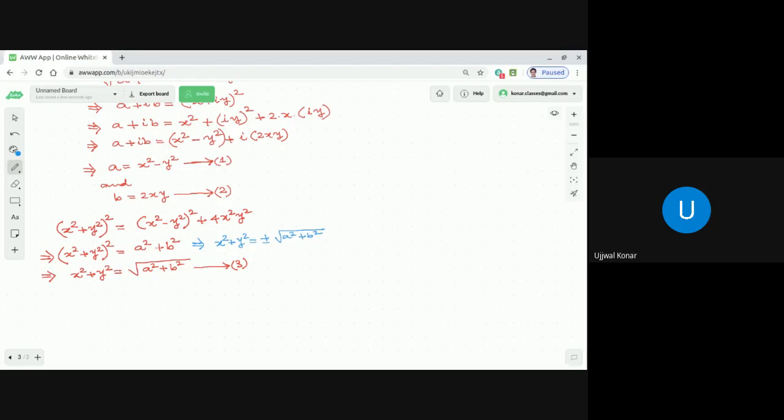No. Here x and y are real numbers, so x square is a positive real number and y square is a positive real number. So x square plus y square is a positive real number, and that cannot be negative. Hence we eliminate the negative value and only consider x square plus y square equal to square root of a square plus b square, and we give this as equation 3.